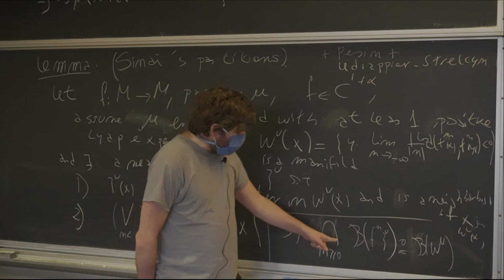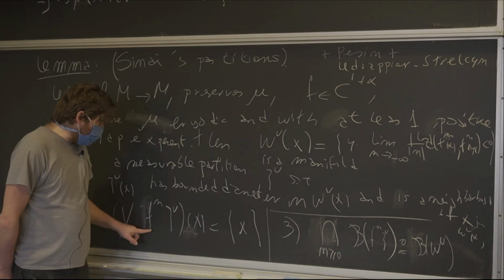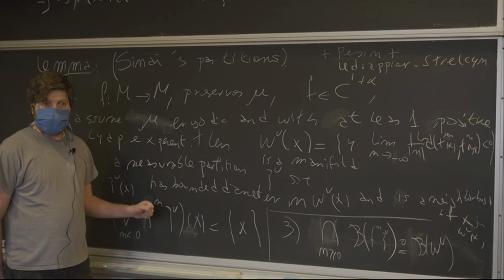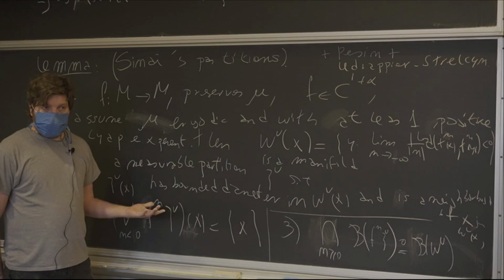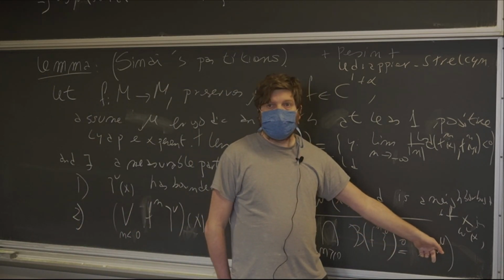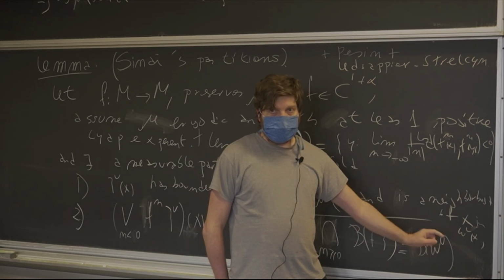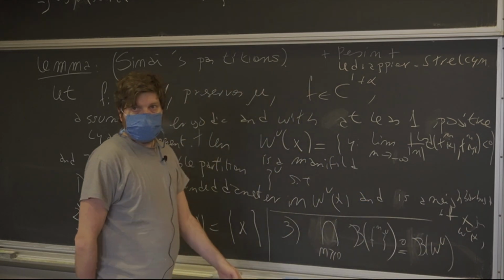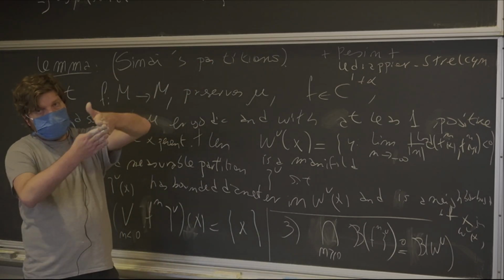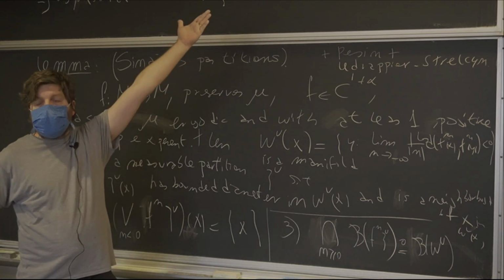So this means that if you have a set which is saturated by the atoms of F^n xi^u for every n positive, then it is saturated by this unstable manifold, okay, for almost every point. So if you are always containing all these long unstable pieces, then you contain the whole unstable piece.